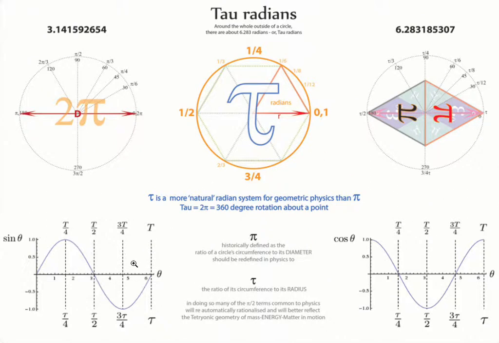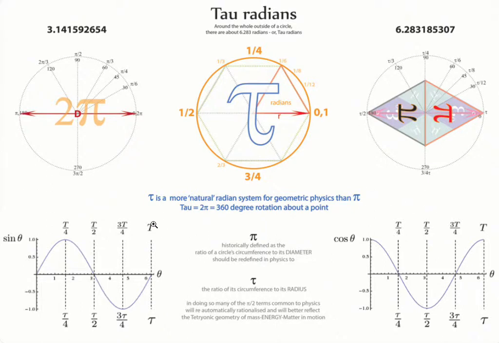And this, of course, can be reapplied where you see it popping up on the web, where people will see that if instead of measuring the ratio of the circumference to the diameter, we do so to the radius, we can in fact make it into a more rational way of expressing a full rotation within the charged geometries, or within the rotational geometry specifically, of physics.